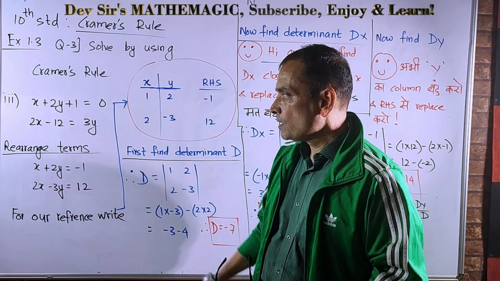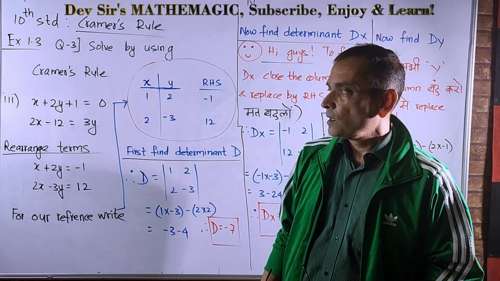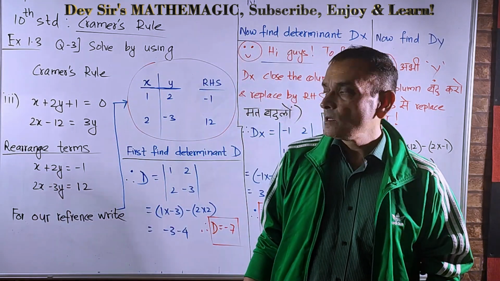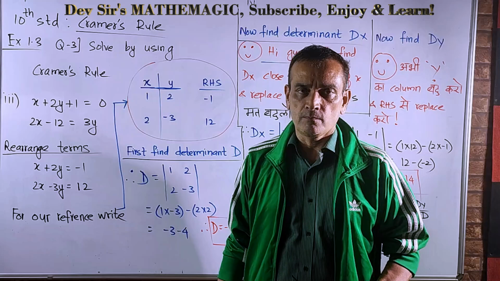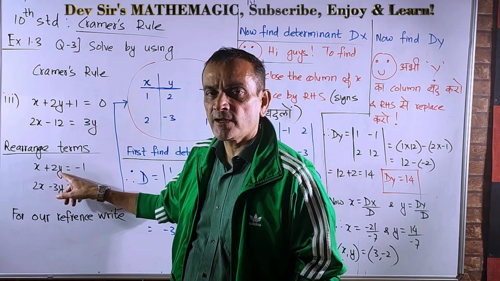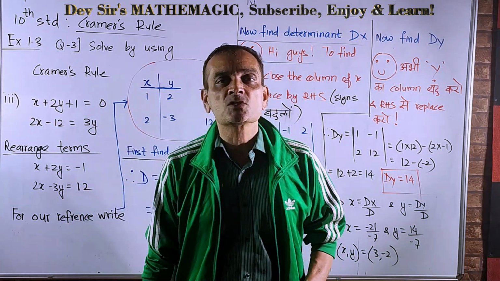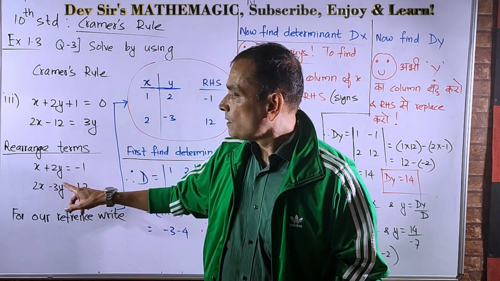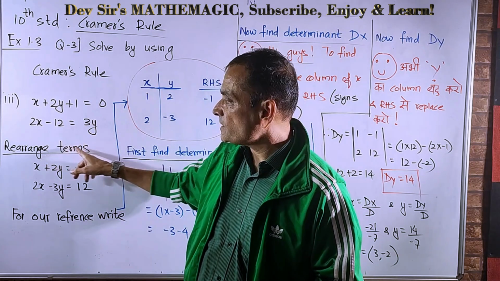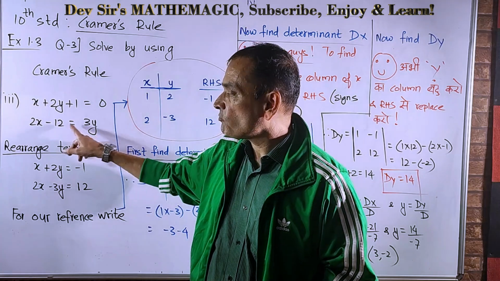Look. The first step is to rearrange the terms. Rearrange the terms means x and y should be on the left hand side, constants on the right hand side. So x plus 2y on the left hand side, plus 1 on the right hand side goes as minus 1. 3y has to come to the left side, minus 12 goes to the right side: 2x minus 3y equal to 12.